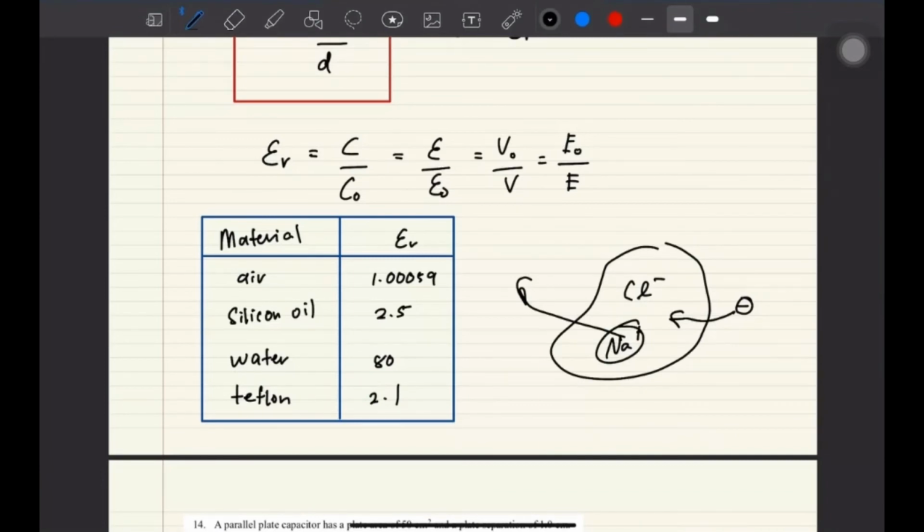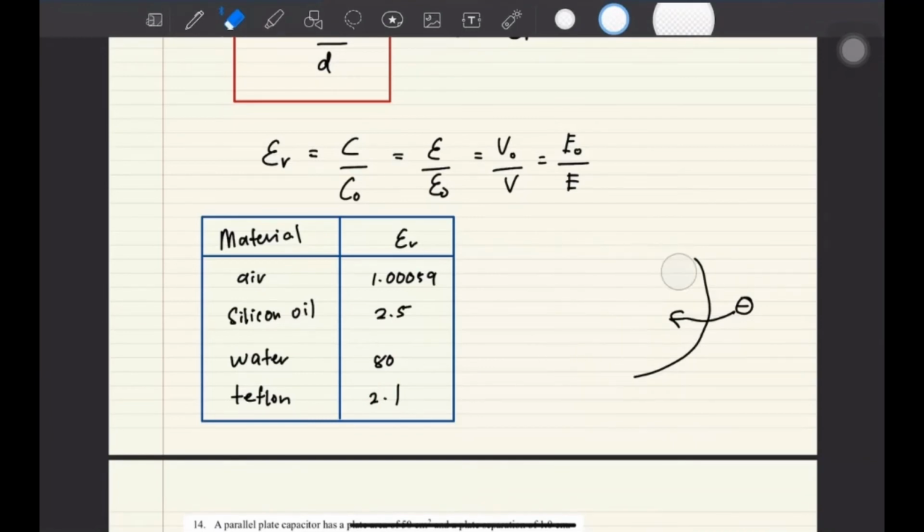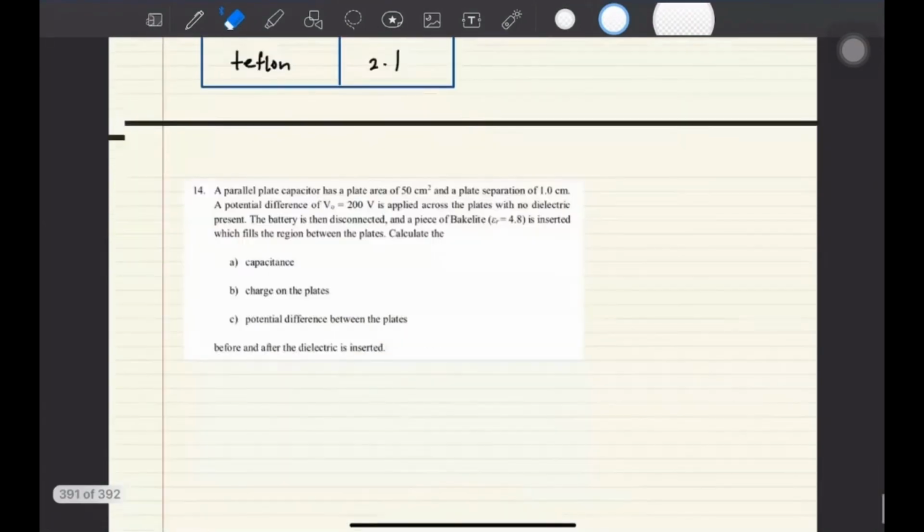Tapi kalau kamu ada water yang sangat pure, which is susah nak dapat unless lab punya water yang special, dia memang a very good insulator, which is true lah. So water yang tak ada ions tu dia panggil deionized water. It's a bit expensive sebab dia punya cara proses nak filter ions tu a bit different compared to normal filtration. Anyway, that's just information. Tapi in theory, very good insulator.